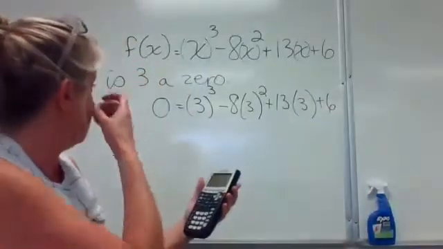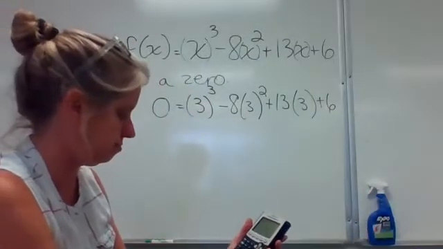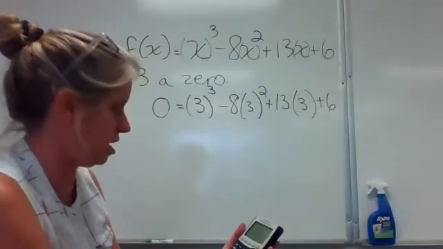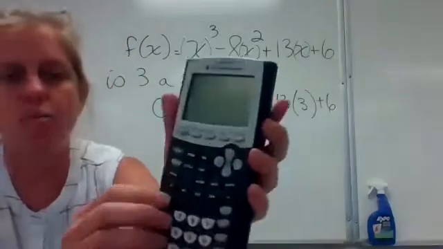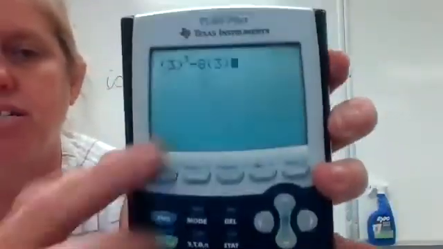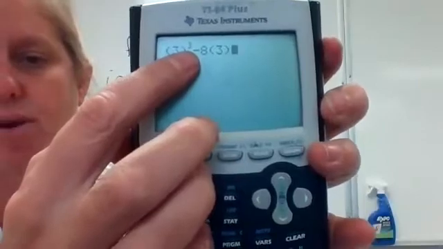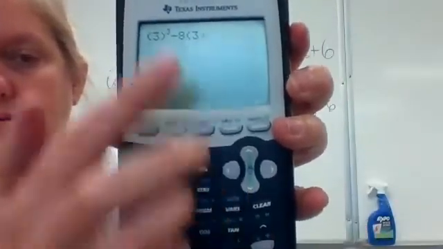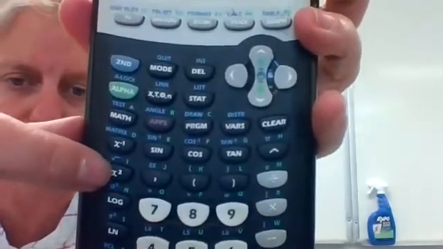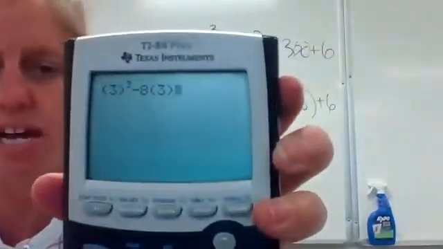So then you'll put minus 8, open parentheses, 3, close parentheses. Now, when you're doing squared, it has its own button. You can use the same method that we did for this 3 and go up arrow 2. But if you're doing squared, you can just hit the squared button, because watch what it does when you hit it.